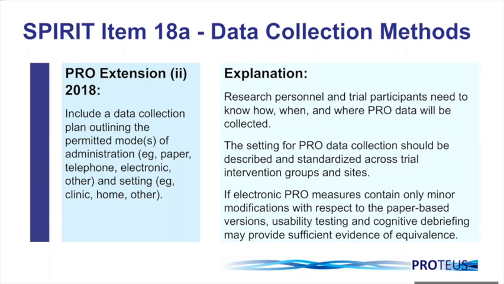The reason for this is it's really important that the research personnel and also the trial participants know how, when and where the PRO data are going to be collected. So for the trial participant, this information should also be included in the participant information sheet. And the setting for the PRO data collection should be described and standardized across trial intervention groups and sites.